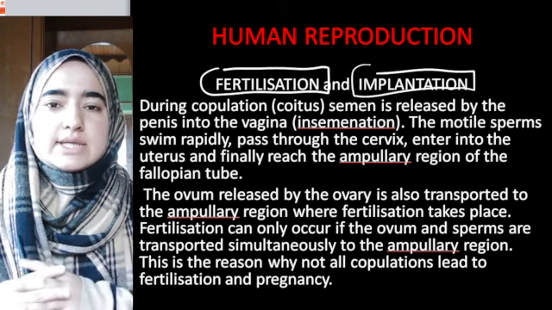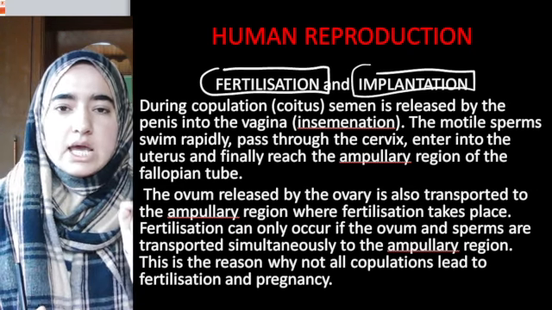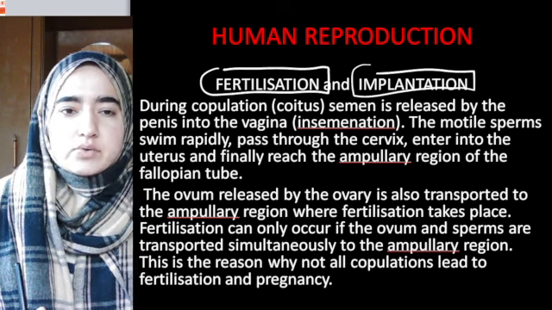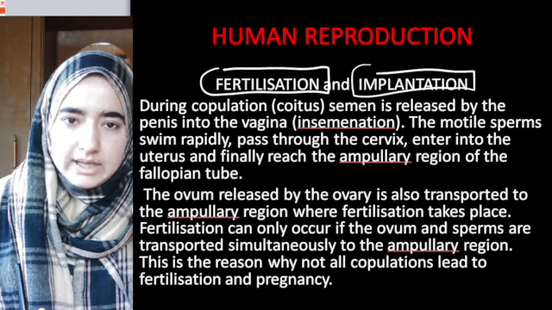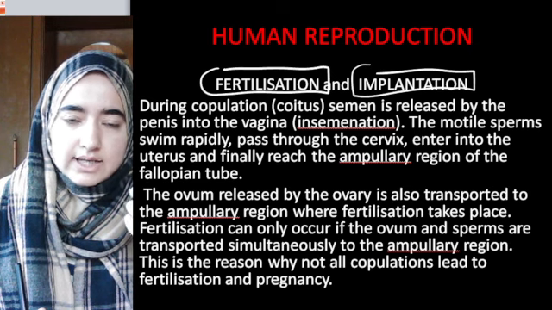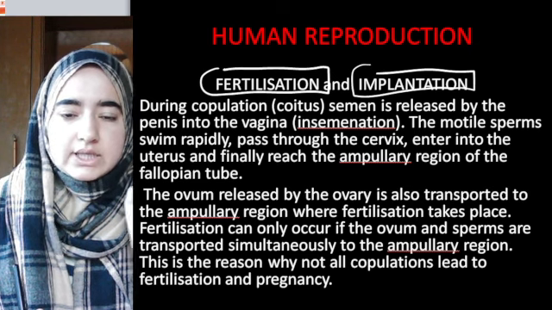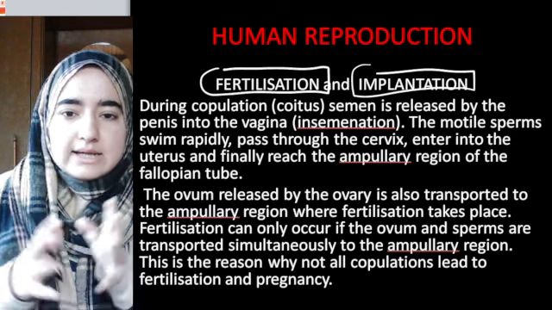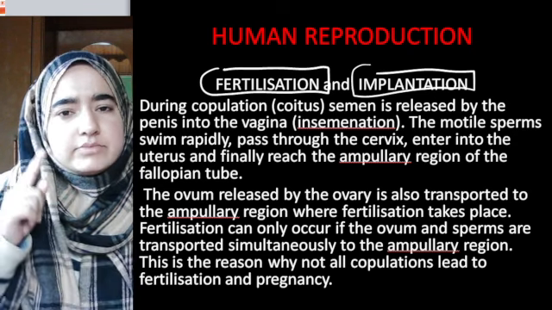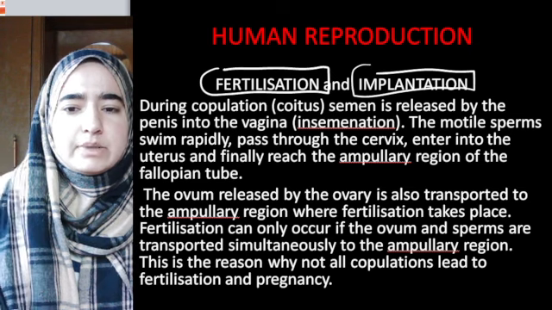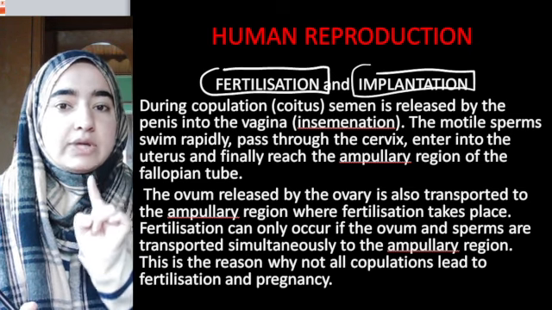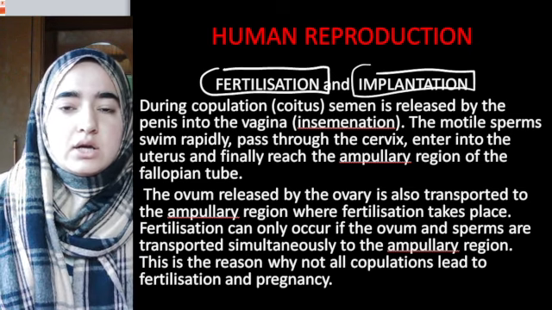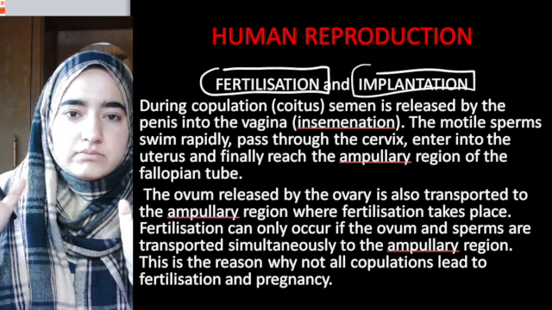During coitus, during sexual intercourse, what happens? The male external genital organ, that is the penis, gets inserted into the vagina of the female. That is termed as insemination, and so sperms will swim rapidly through the cervix with the help of the tail, as I already mentioned in the structure of sperm.